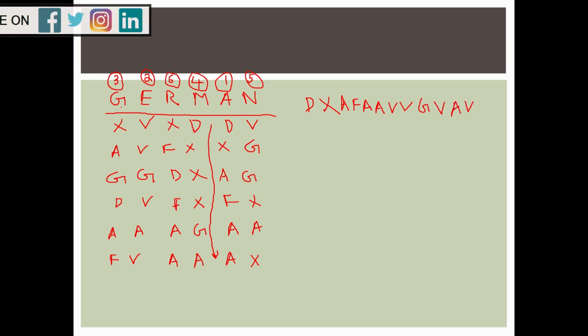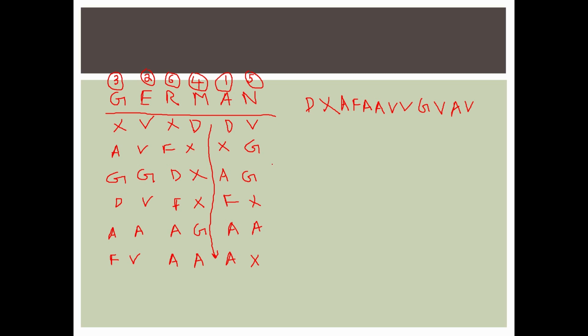And then under G we have XAGDAF. And under M we have DXXGA. Sorry, this will be A.